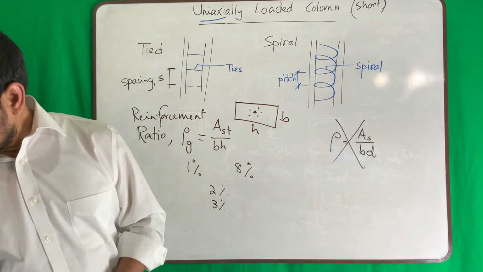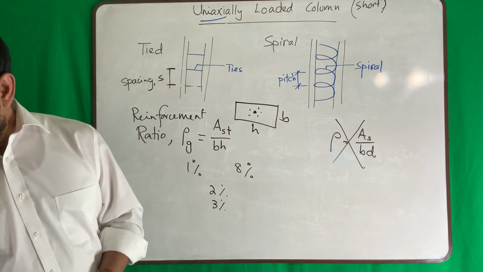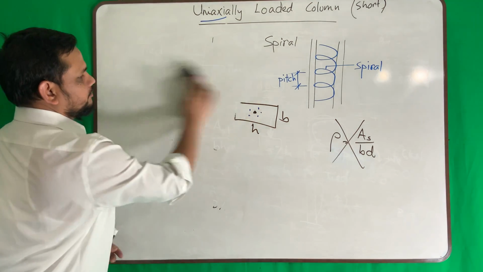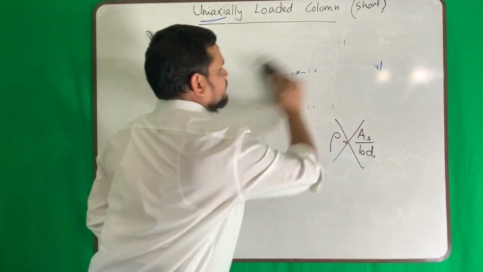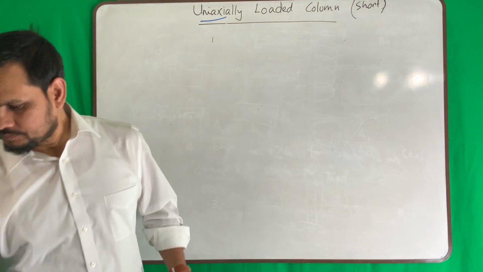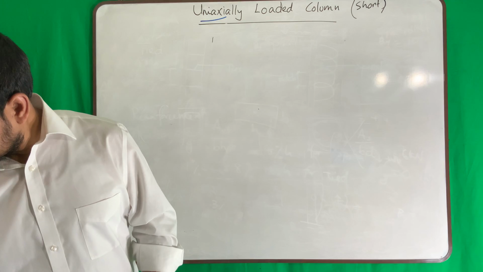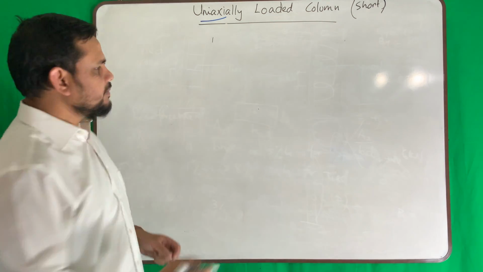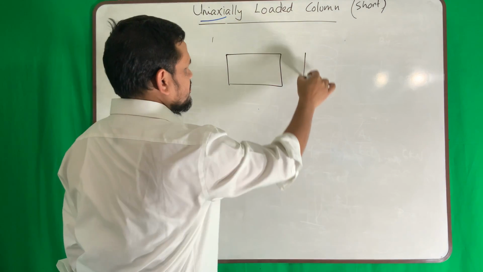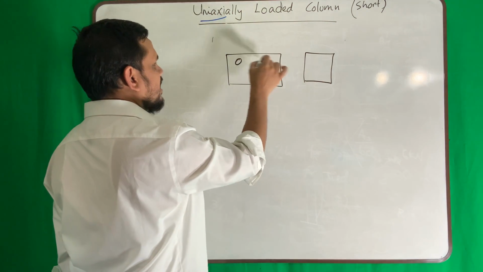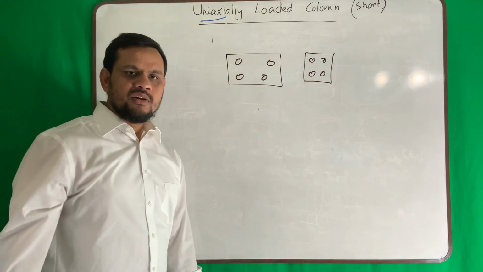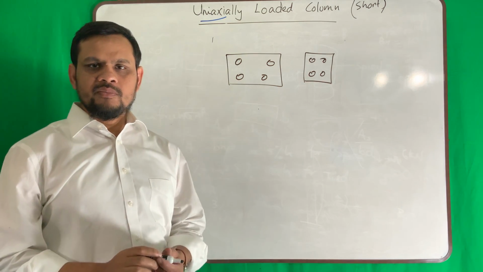Okay, next one is, what is the minimum number of reinforcement? So the minimum number of bars, it says if it is a rectangular or square section, then the minimum number should be 4.